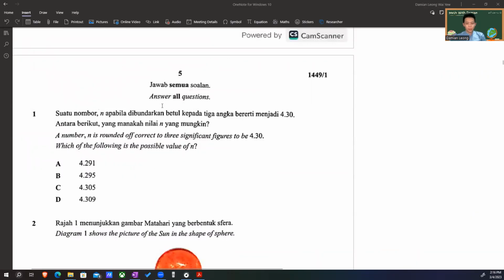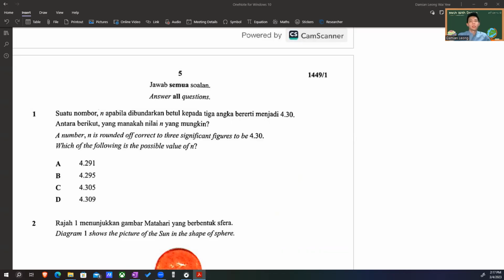A number n rounded off correct to 3 significant figures is 4.30. So we want to see which of the answers it would be before rounding.